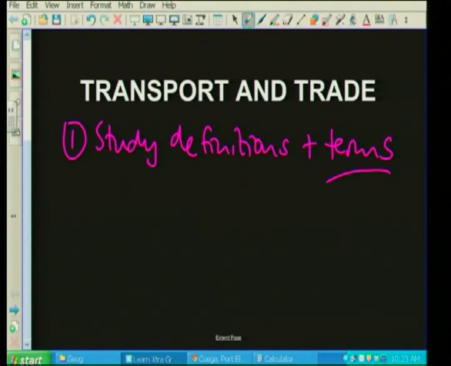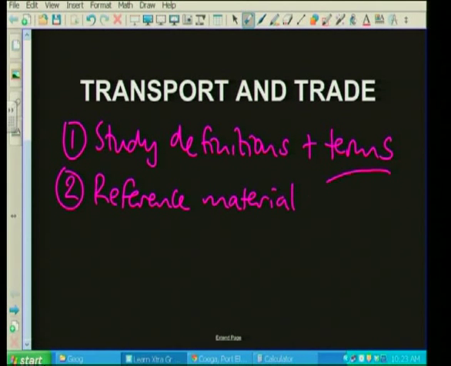And if you understand the terminology or the definitions that we're using, then you're going to get a lot of marks in this section. Also, in this section of the exam, remember to look at the reference material that they're going to show you. Diagrams, graphs, photographs, maps, all those sorts of things are going to be very important for your answering of the question correctly or accurately.